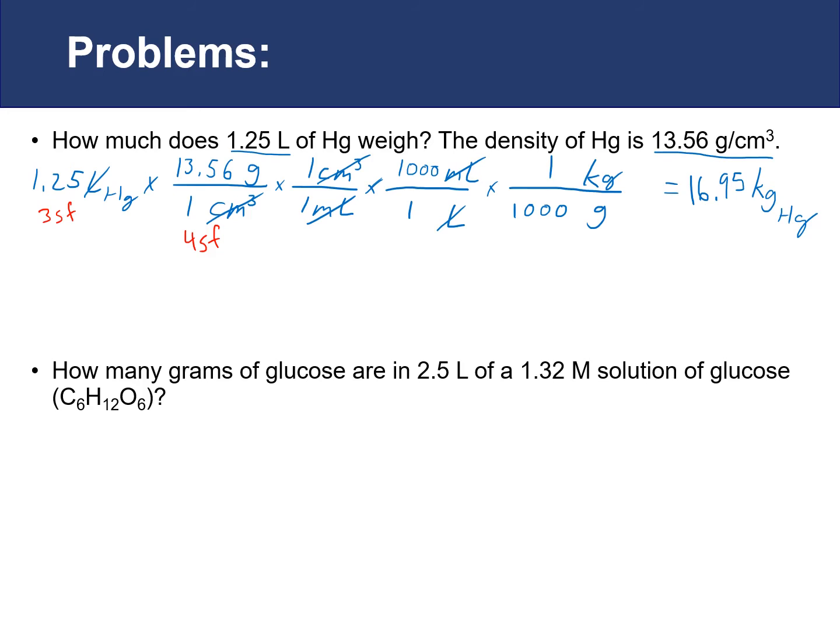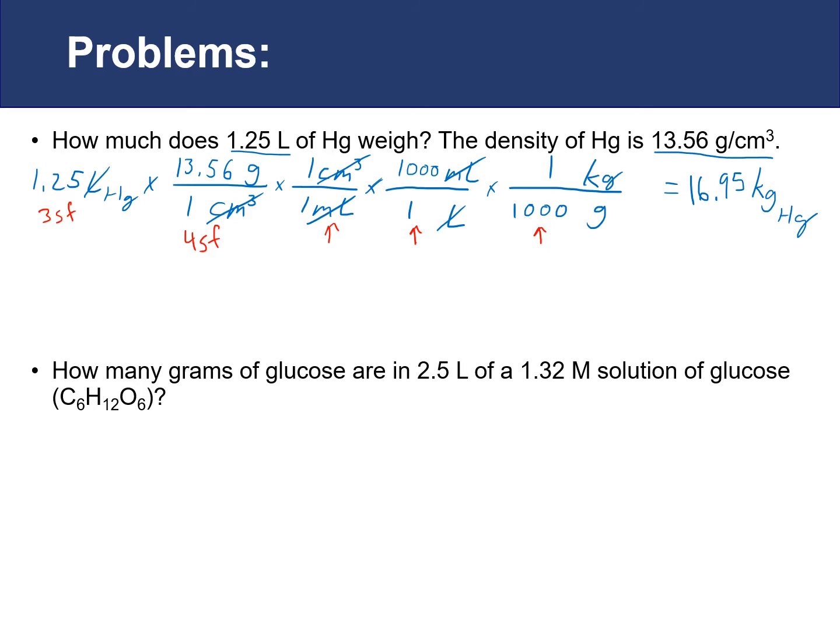It's essentially 1 cubic centimeter has a measured amount of 13.56, so the thing that has the significant figures is the number 13.56. This here is a definition, so is this, and so is this. So the last 3 do not come into play when you're trying to figure out the number of significant figures for your end answer.